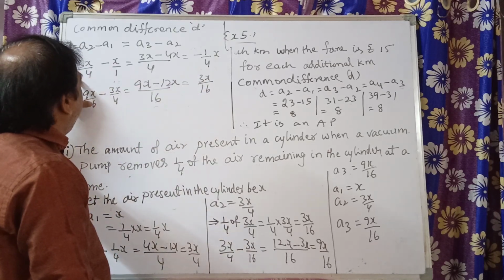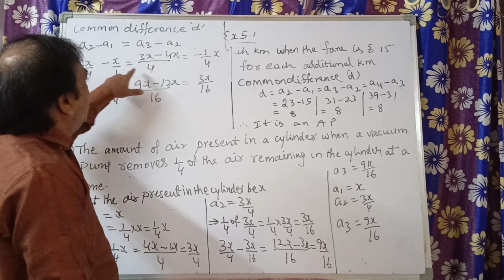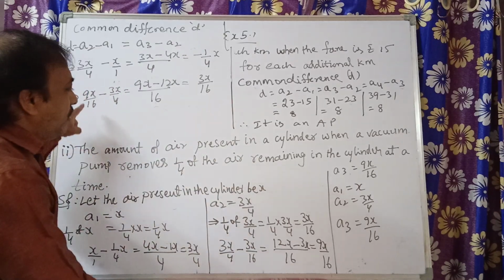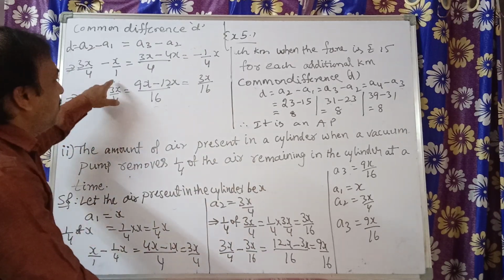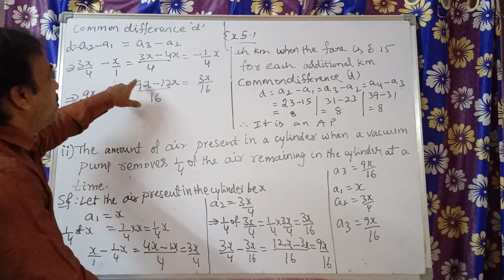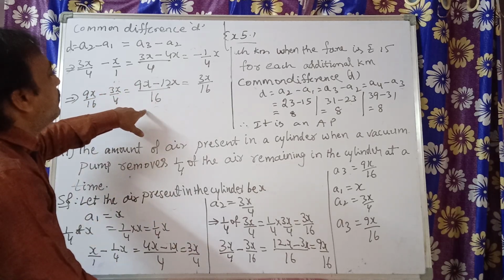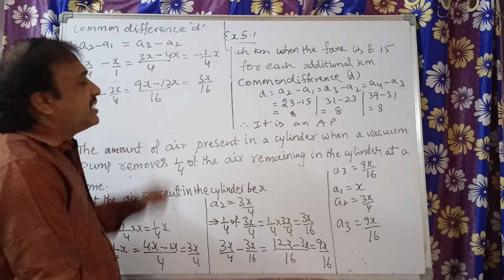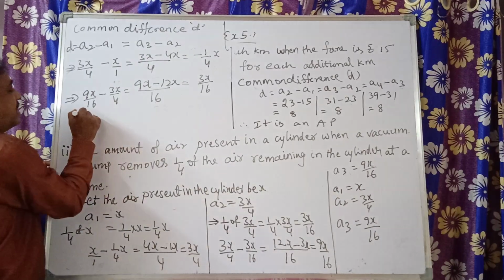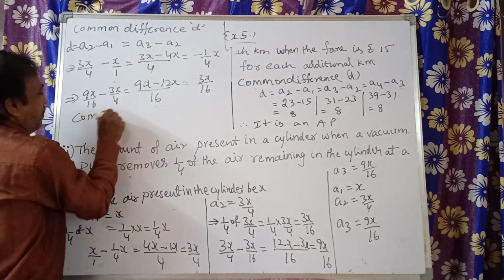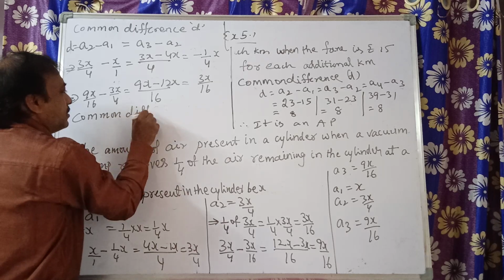First you got 3x by 4 minus x by 1, which is minus 1 by 4x. Now you got 9x by 16 minus 3x by 4, which is equal to 9x minus 12x by 16, which is equal to 3x by 16. So common difference is not same.